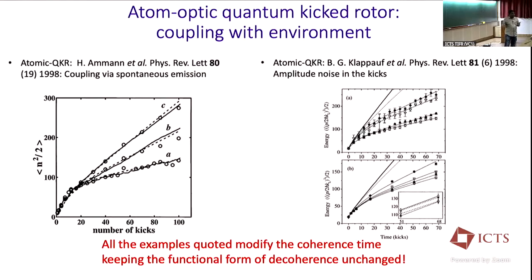Now, all this is fine. In all these experiments, of course, it was clear that the decoherence was following an exponential form, which we all know. Decoherence in most quantum mechanical systems is exponential.